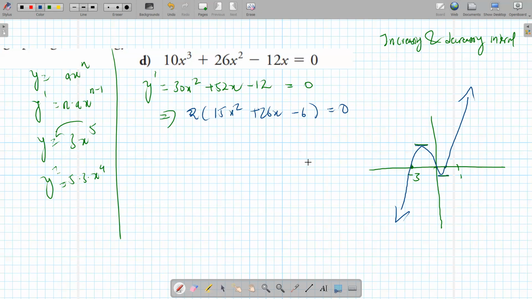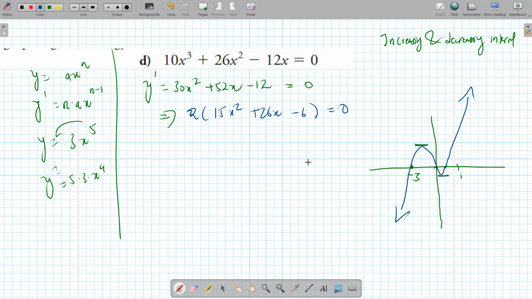All right, now is when we hit a little bit of a roadblock, because that's a quadratic trinomial that multiplies to negative 90 and adds up to 26. The numbers probably don't exist, okay? I can't think of anything. 15, 6, yeah, no. It probably doesn't exist.